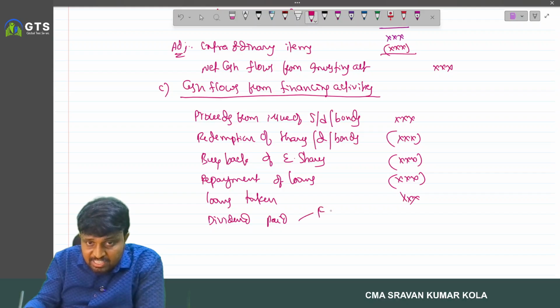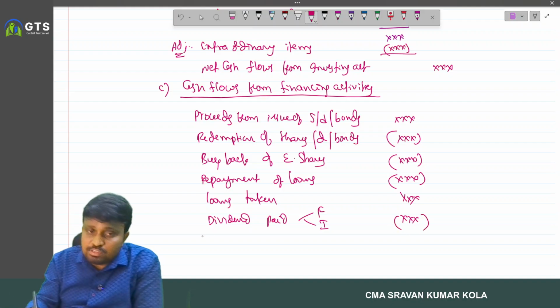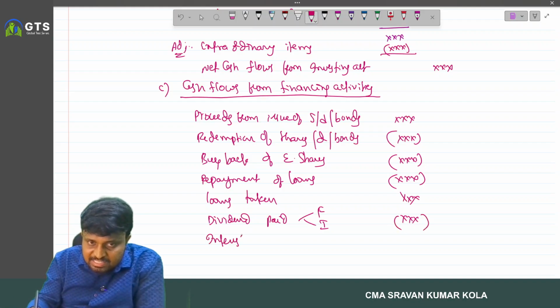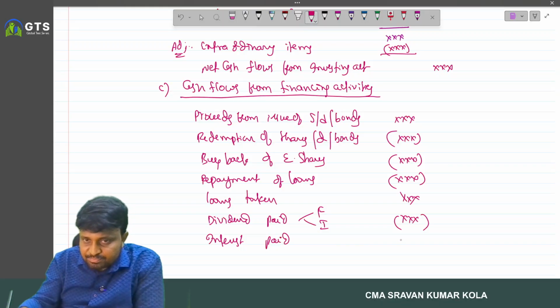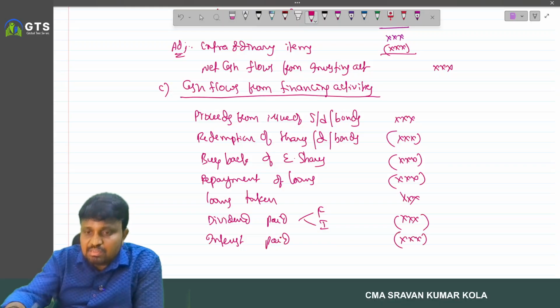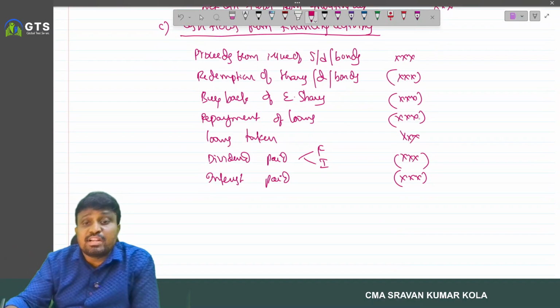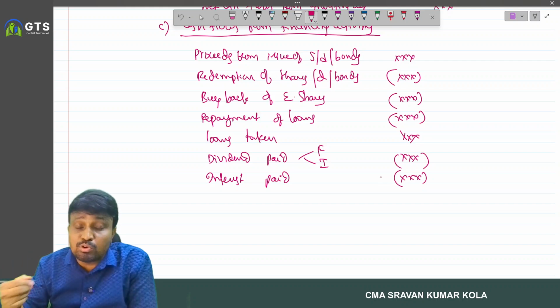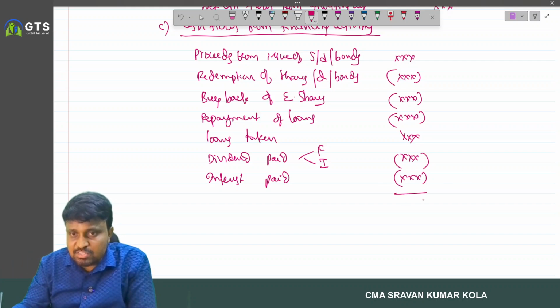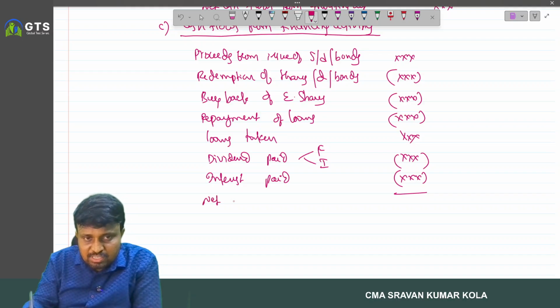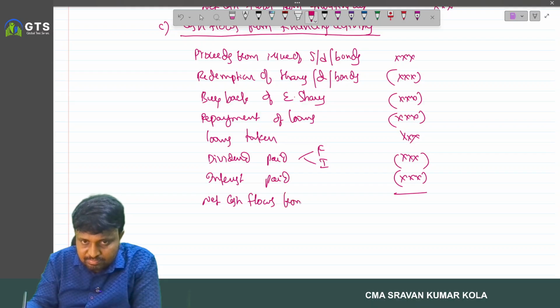And remember, whether it is a final dividend or an interim dividend, we have to consider it here as an outflow. And interest paid, if any, is an outflow. And any grant received towards capital contribution, promoters' contribution, and these are all covered under net cash flows from the financing activities.